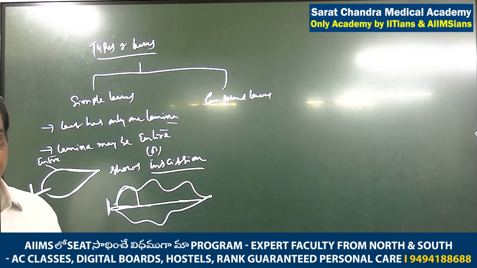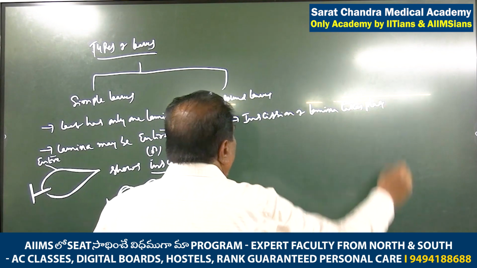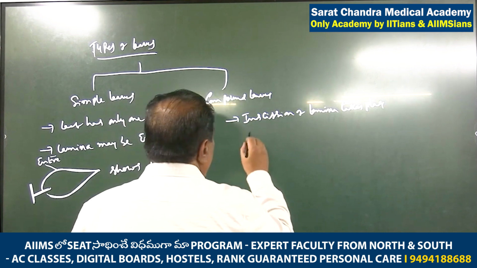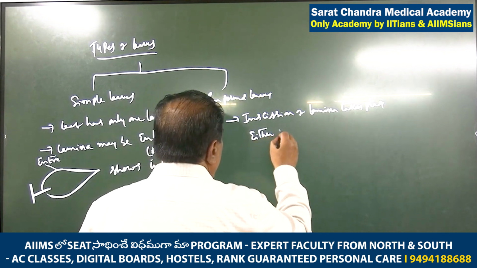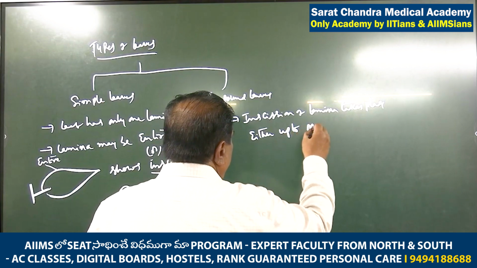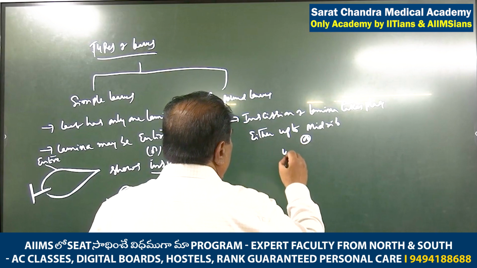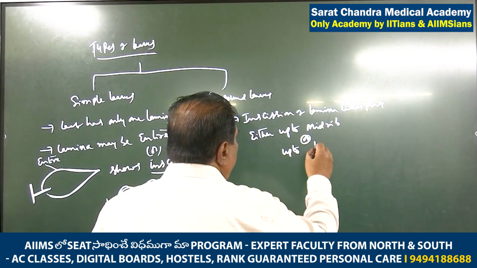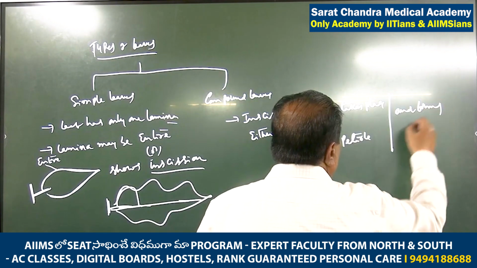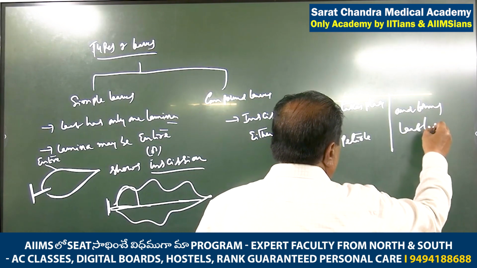Next, compound leaves. Incision of the lamina takes place either up to midrib or up to tip of the petiole and forms leaflets.